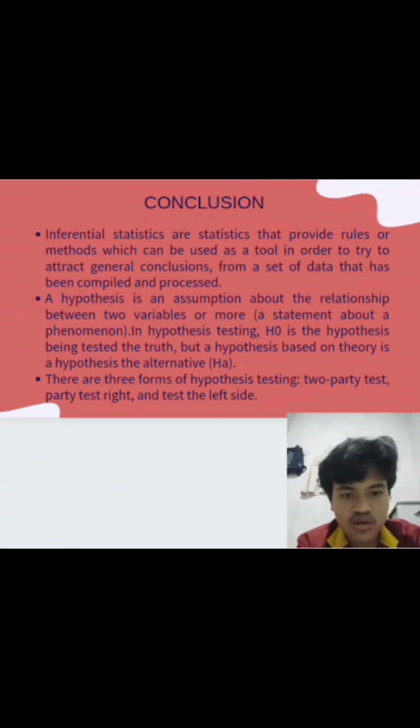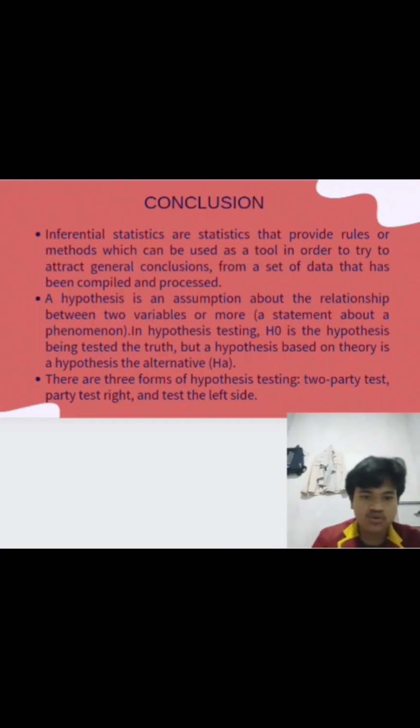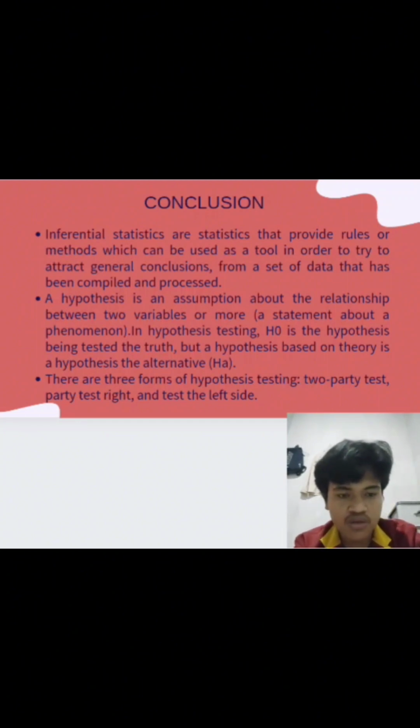Conclusion: inferential statistics are rules or methods that can be used as a tool to draw a general conclusion from a set of data that has been collected and processed.